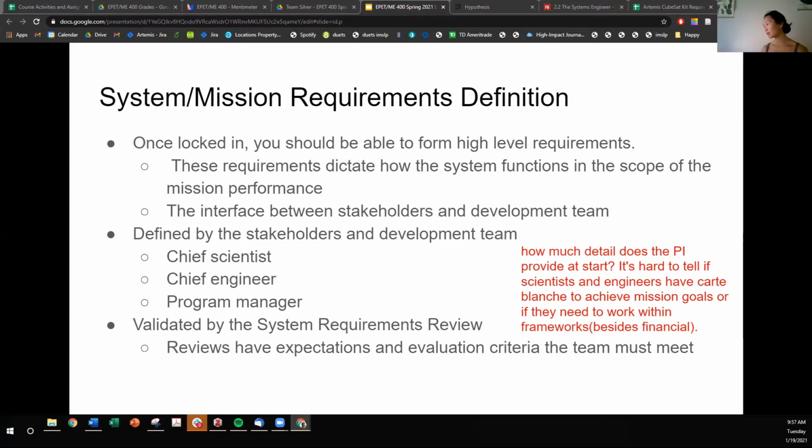And I was asked, how much detail does the PI provide at the start? So this differs from program to program. I think that teams are composed of unique people, snowflakes, who all work in different ways. I can give you examples about, even for our small satellite programs at HSFL, Dr. Englert, for example, is a very hands-off PI.